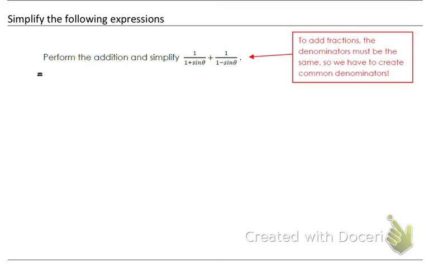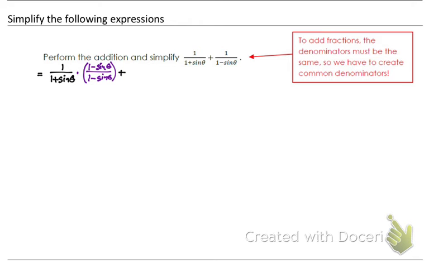So let's put our equal sign. I have my 1 over 1 plus sine theta. We're going to multiply that by the other denominator. The other denominator is 1 minus sine theta.